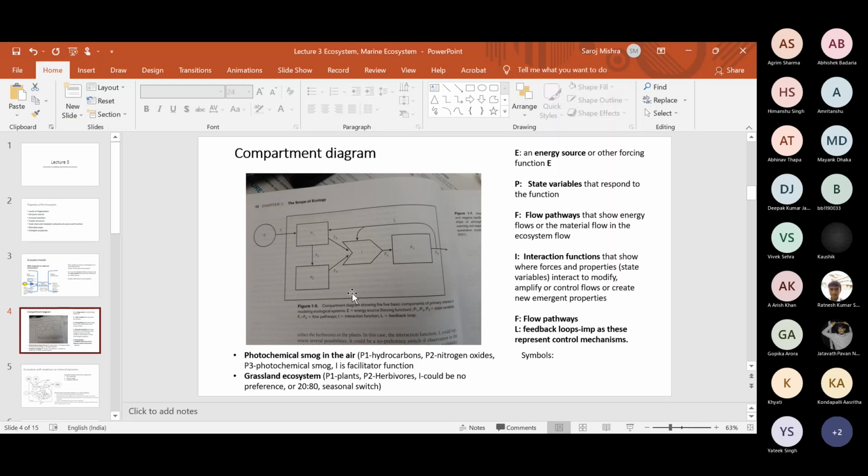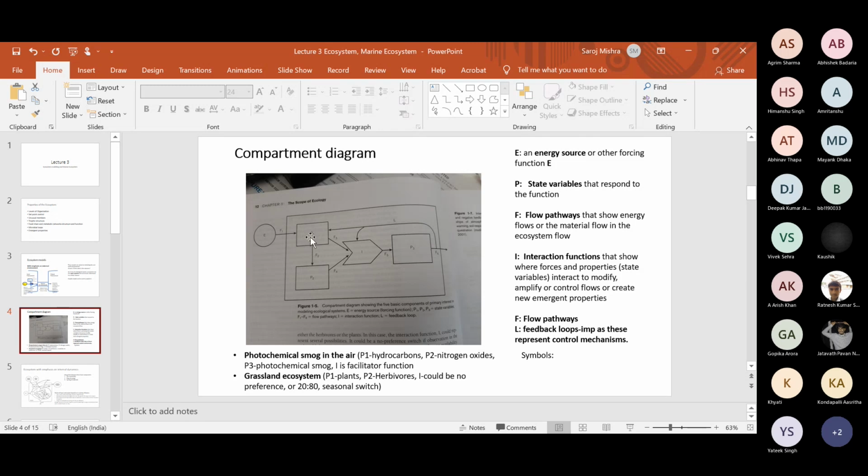Okay, so if this model is built, and at the same time, if the nitrogen oxides are going to be increased, or if the hydrocarbons are going to be increased because of fuel burning, not only the automobile fuel, but woods are also burnt in certain areas which can release hydrocarbons.